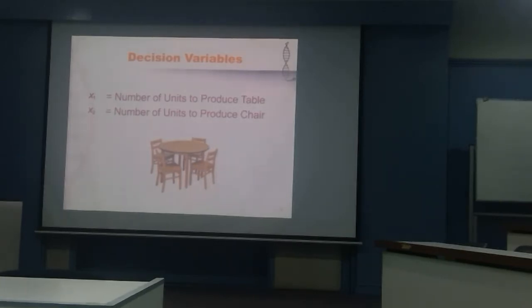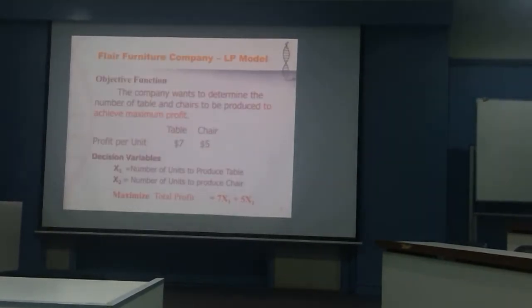If one table gives a profit of $7, then if you produce x1 tables, you get a profit of $7x1. For chairs, one chair gives a profit of $5 per unit. If you produce x2 chairs, you can expect a profit from chairs of 5x2.